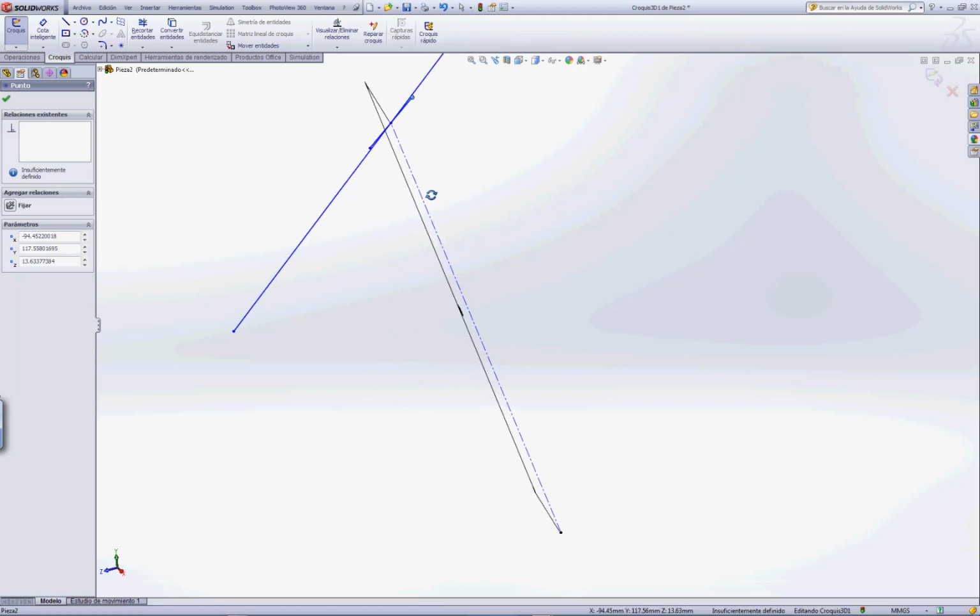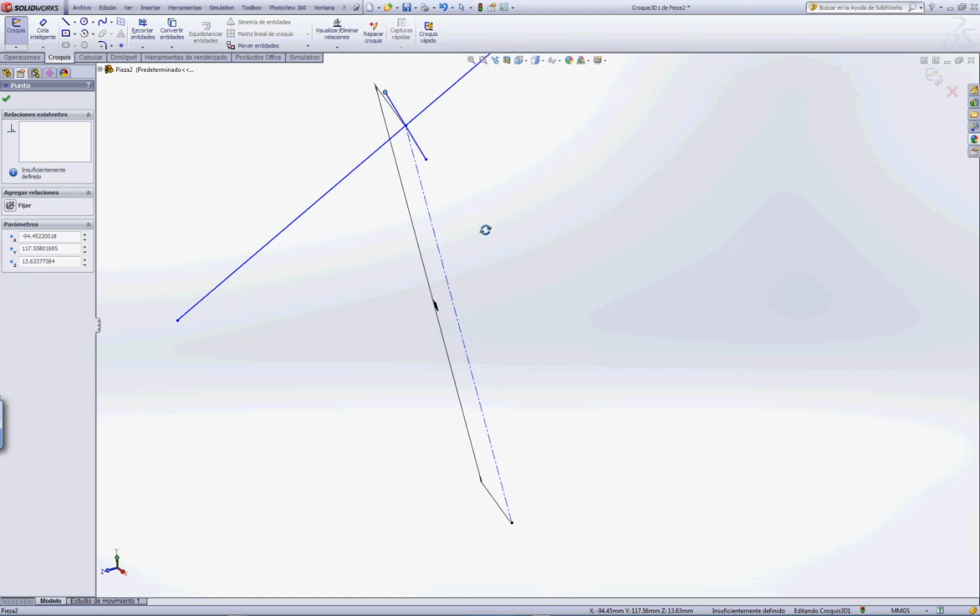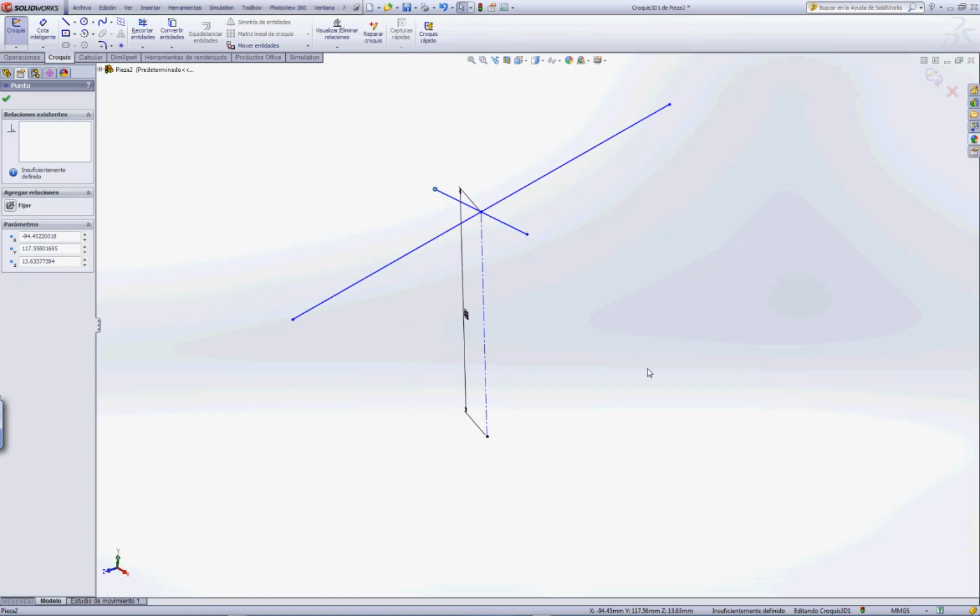Now with this view we can observe that these lines define a plane, but this plane is not tangent yet to the sphere because it's not perpendicular to the radius. So this plane will intersect the sphere instead of being tangent to it.